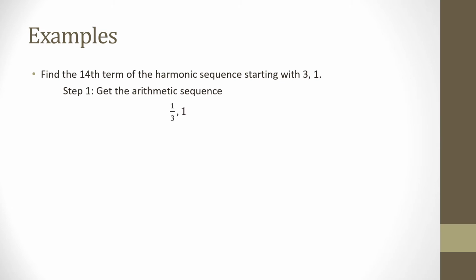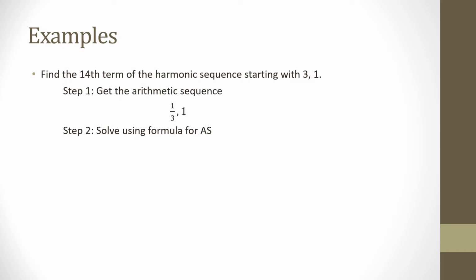So, 1/3 and 1. Kabaliktaran lang ng 1 is 1, diba? So, 1 divided by 1 is 1 pa rin. So, reciprocal ng 3 is 1/3. Lagayan mo lang ng 1 sa taas kasi babaliktarin mo si 3. Ganun lang. Next step: solve using formula for AS. So, magsosolve na tayo. Meron na tayong arithmetic sequence na given. Magsosolve na tayo using your diskarte for arithmetic sequence.